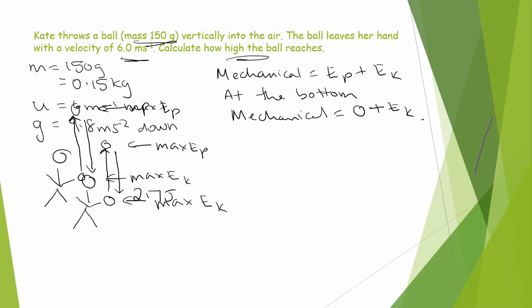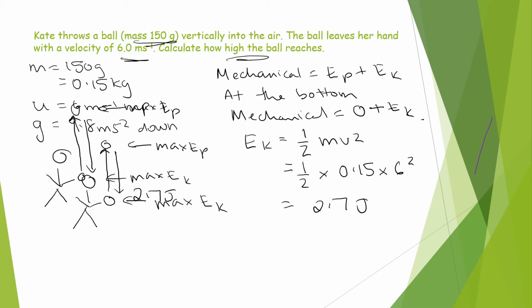Let's calculate the kinetic energy. Kinetic energy equals 1/2 mv squared. So it is 1/2 times the mass, which is 0.15, times the velocity, which is 6 squared. This comes out to 2.7 joules.